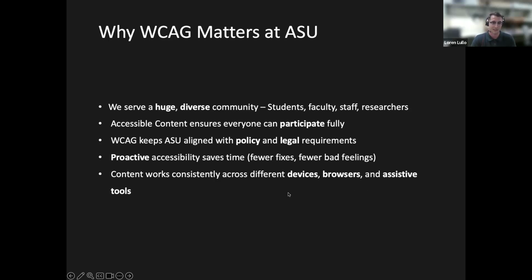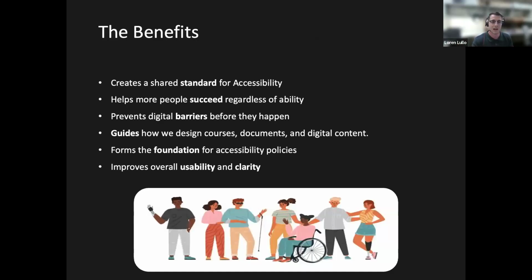And for things like course content, we need to make sure that it works across different browsers, devices, and assistive tools. So that's for developers, all of us really. We just always have to keep these things in mind and think about the people when we're making this stuff, what those people might be using.